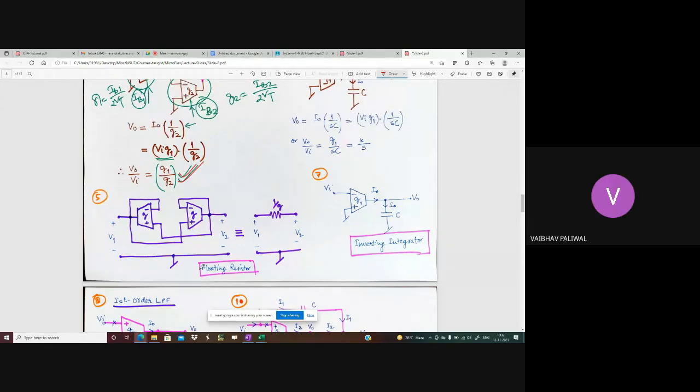Yes. Now see the fifth circuit. Fifth circuit is the floating resistor.